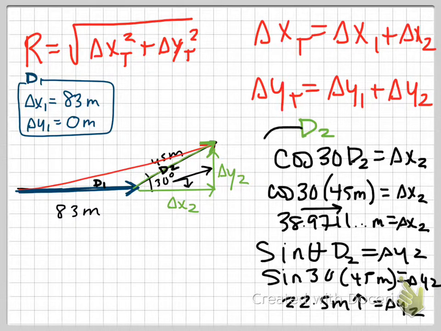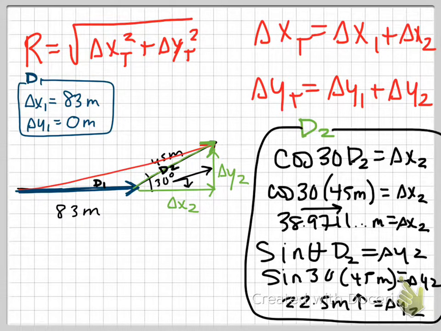Okay, so what am I going to do next? I'm going to look at my overall triangle. So when I talk about my overall triangle, I'm talking about this as my resultant, this as my x displacement, this as my y displacement. It is kind of layered, it gets kind of messy, I understand.